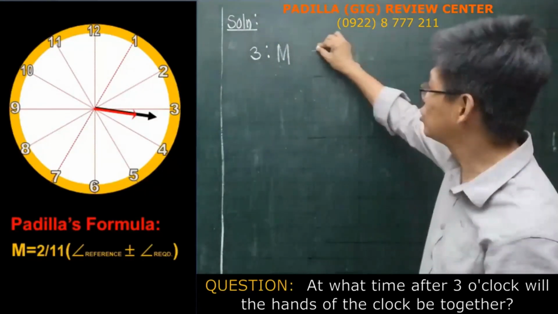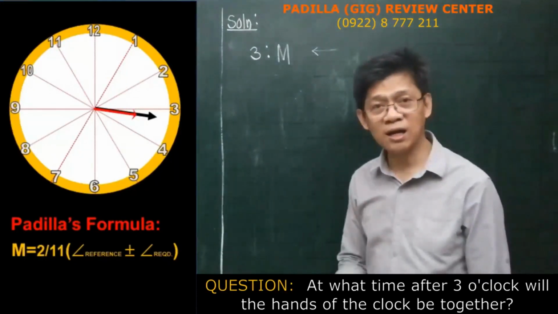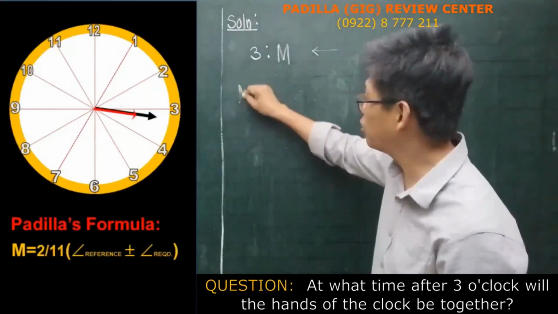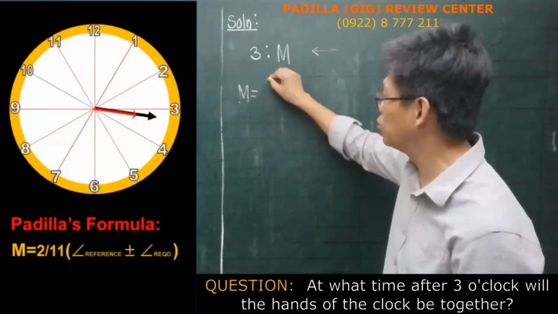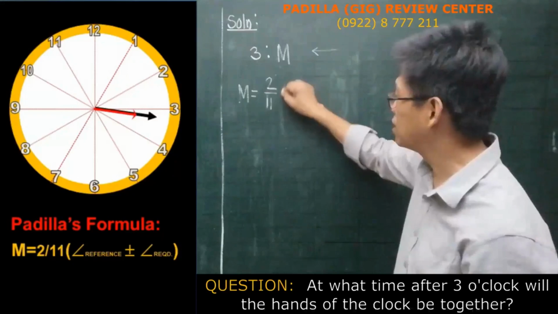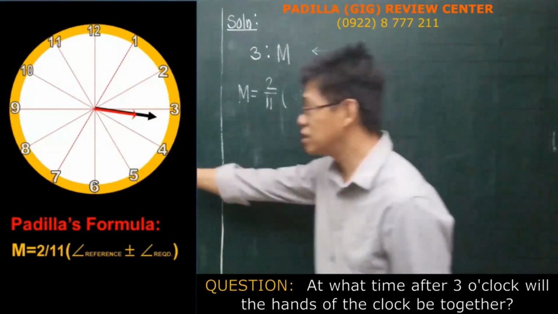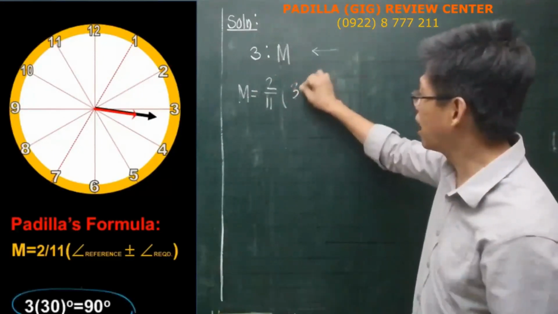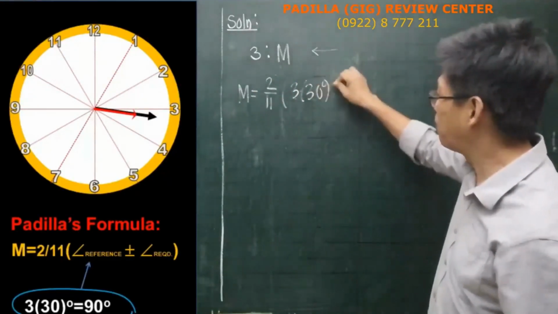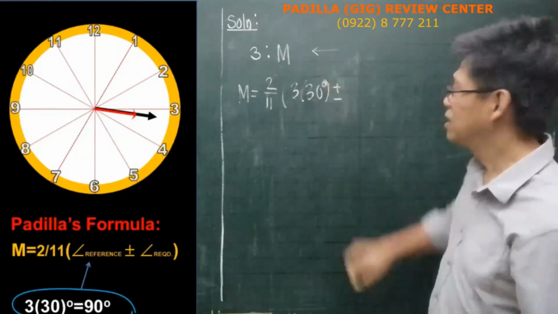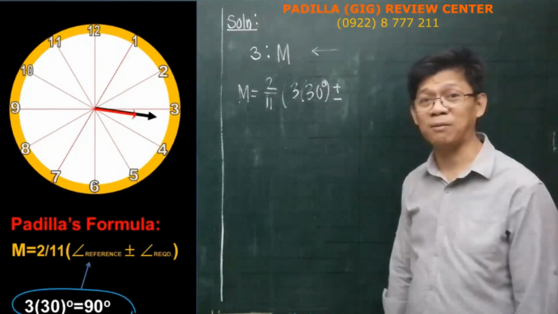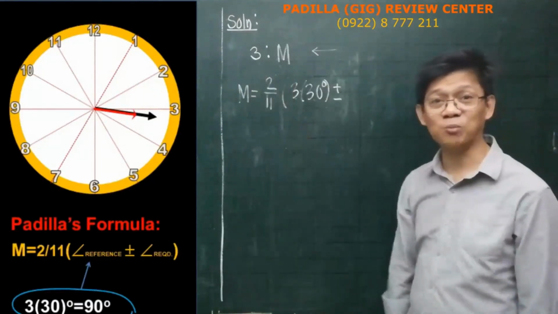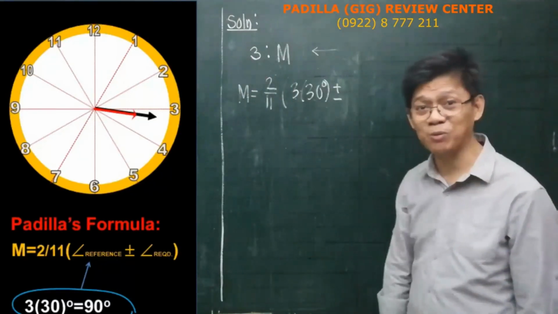So, we need to solve Rm. Rm is solvable by Padilla's formula. By Padilla's formula, Rm is equal to 2 over 11 times H times 30. So, H is 3 times 30 plus or minus angle during the required time. And the angle between the hands of the clock during this time is said to be, they're together. What's the angle between them?